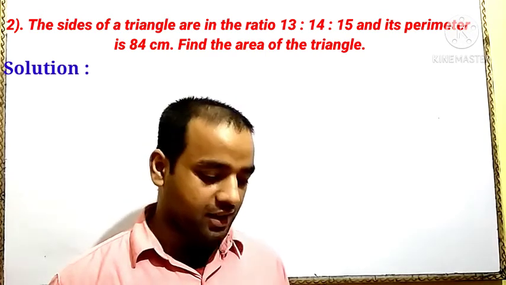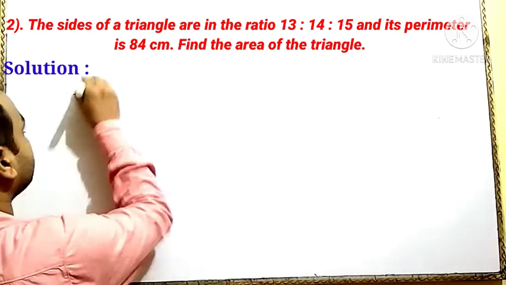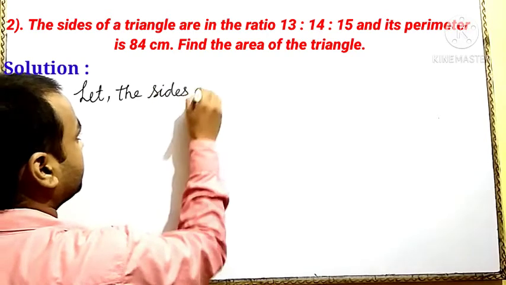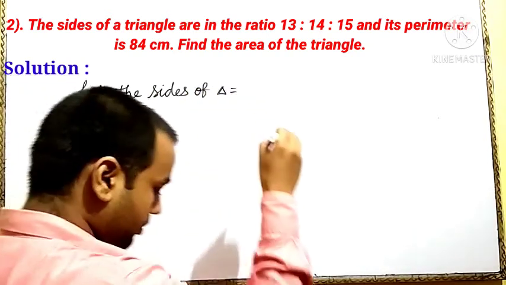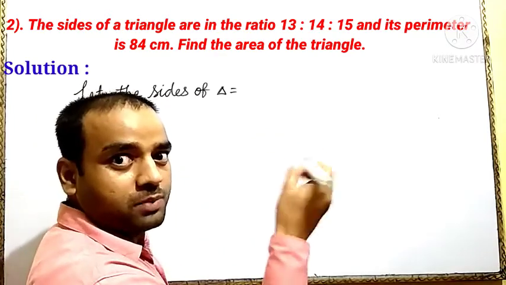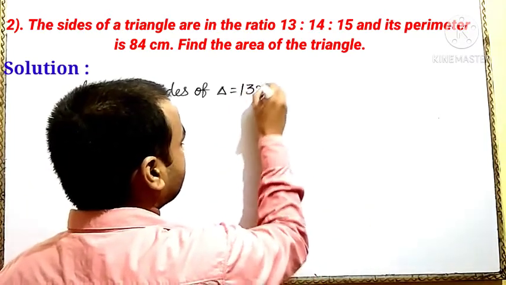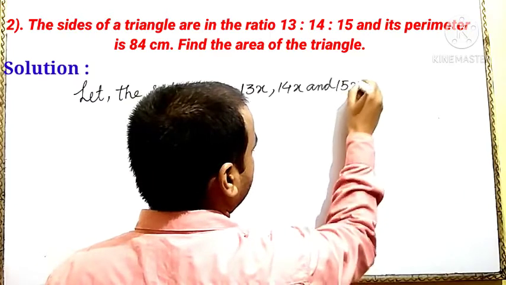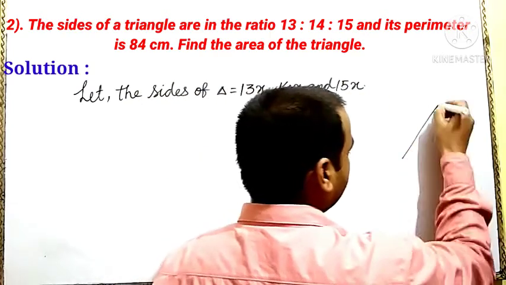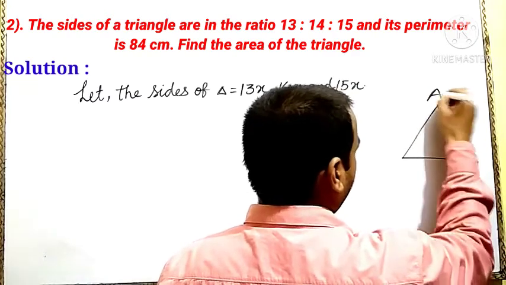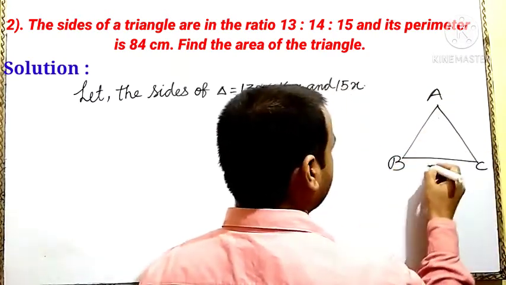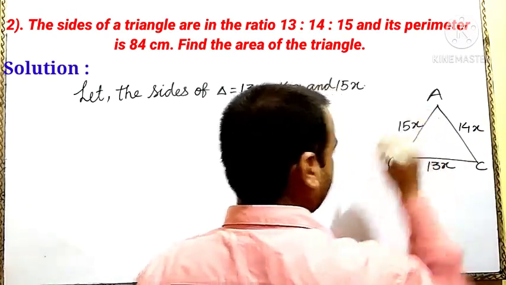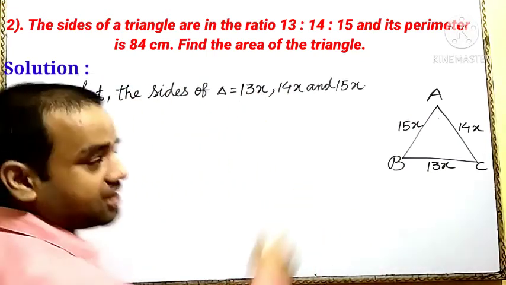First of all, we let the sides of the triangle be 13x, 14x and 15x. Draw a triangle, name it ABC, with sides 13x, 14x and 15x. This is a scalene triangle.